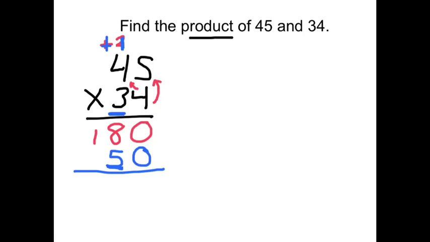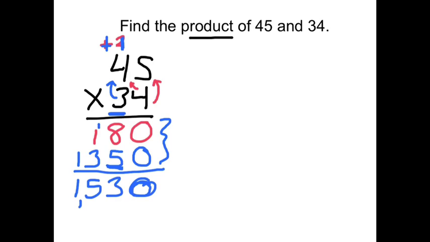Now I need to finish by saying 3 times the 4 is 12, plus the 1 is 13. Now all I'll do is add up both of these numbers below. That's 0. 5 plus 8 is 13. Carry the 1. That's a 5 and a 1. So the answer should be 1,530.